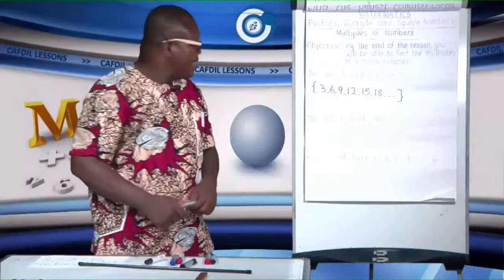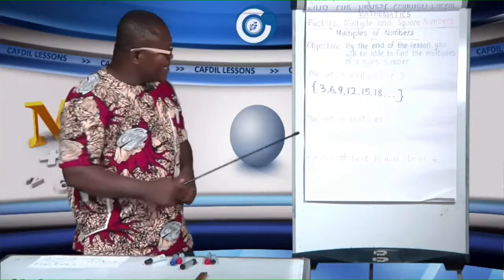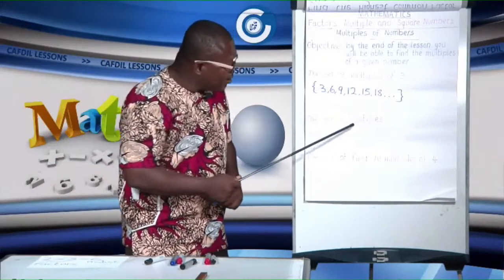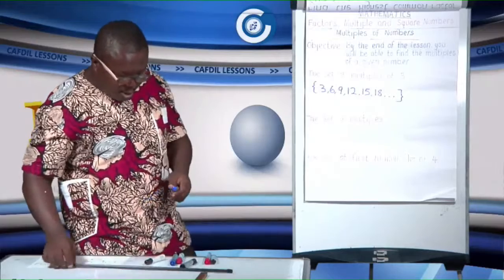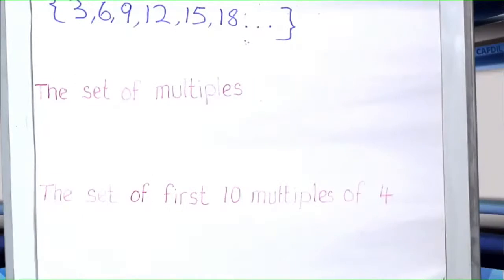Let's come to this one. Here too, it says the set of multiples of, I want you to give me a number. I didn't write any number there. So we can decide to put any number there.